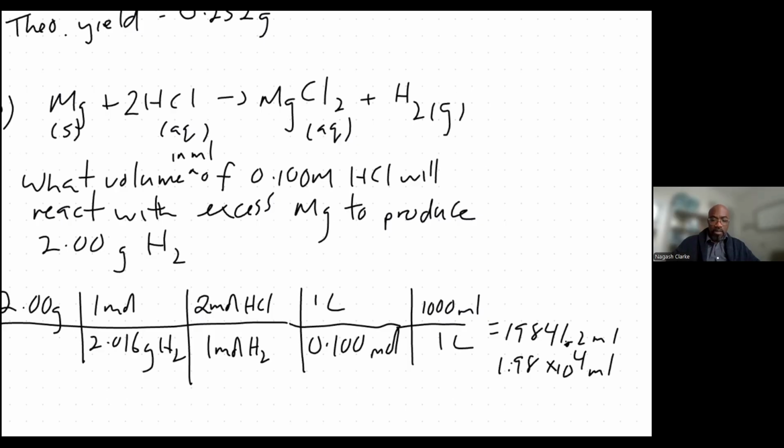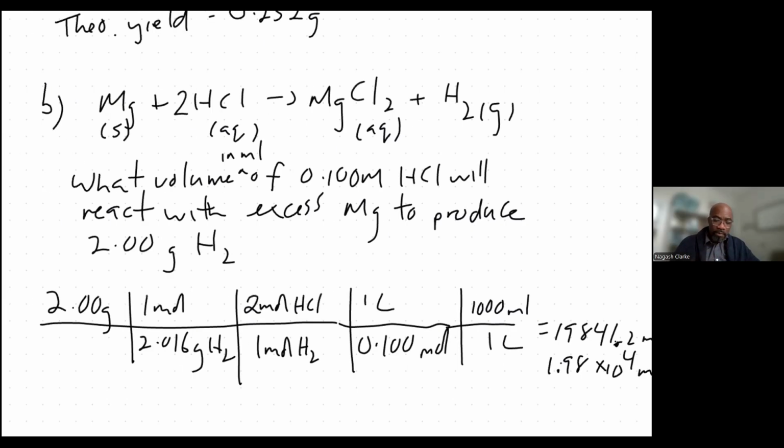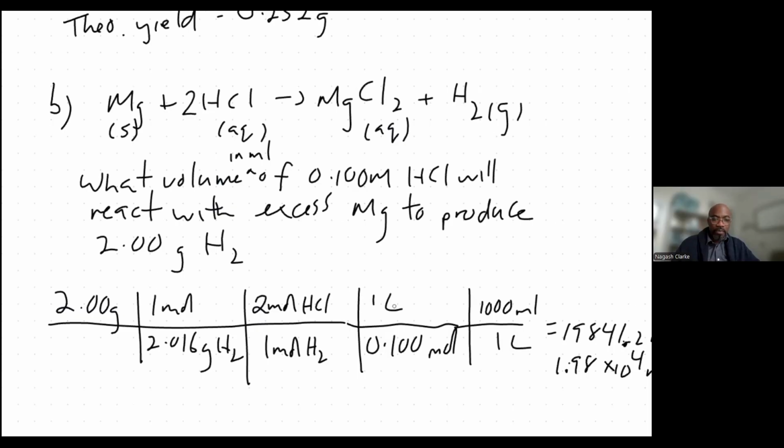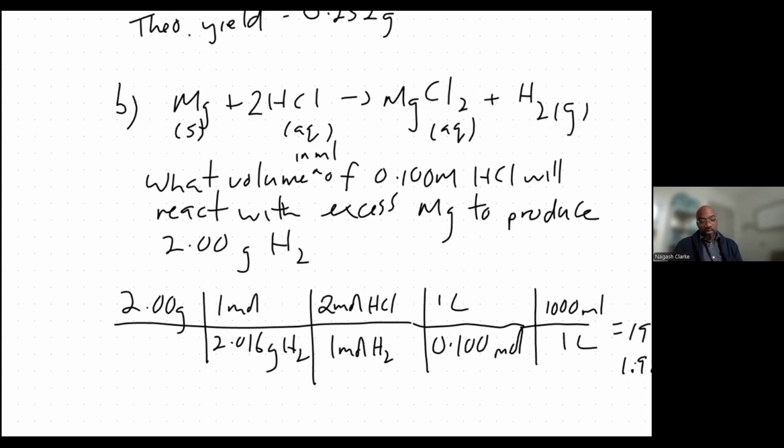And that's a lot, but it makes sense because I have a fairly dilute solution and I'm trying to produce 2 grams of hydrogen, which might not seem like a lot, but hydrogen is really tiny. So to get 2 grams of that, you need a lot of hydrogen. Anytime I get really big numbers, I always like to make sure I did my math right.